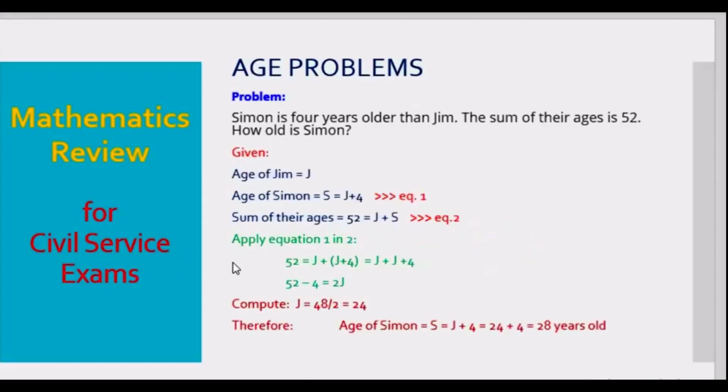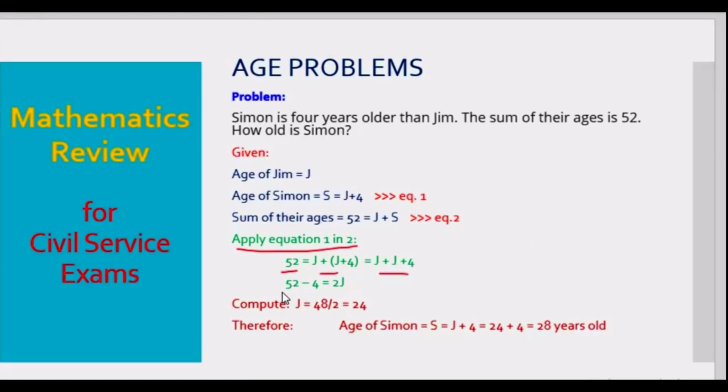Okay. From that, we will just apply equations 1 and 2. So 52 now is equal to J plus J plus 4. So I will just remove the parentheses. So 52 is J plus J plus 4.